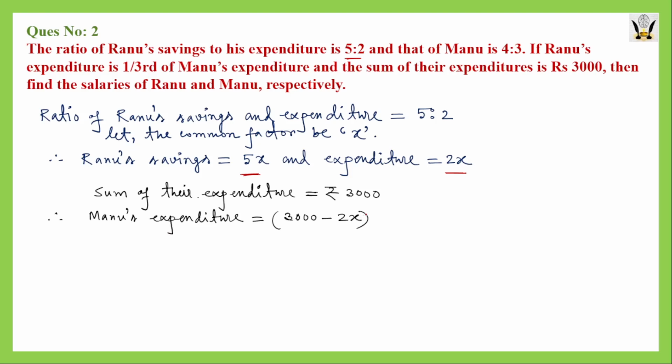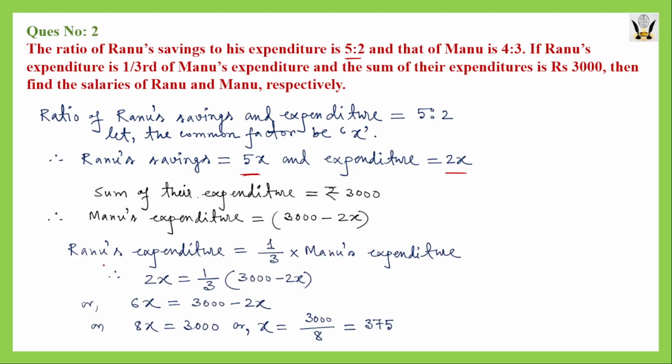So far we have obtained the expenditure of Ranu, that is 2x, and the expenditure of Manu, that is 3000 minus 2x. There is one more condition, that Ranu's expenditure is one third of Manu's expenditure, and we can easily use that condition. Ranu's expenditure is 2x, and one third of Manu's expenditure is one third of 3000 minus 2x.